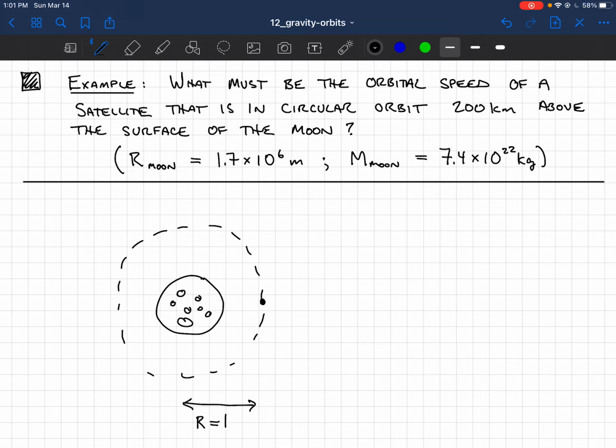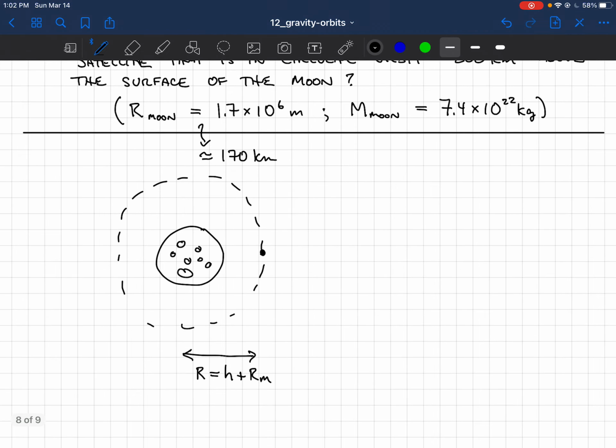It's going to be the height of its orbit plus the radius of the moon. So let's figure out what that is. Well, the radius of the moon is 1.7 times 10 to the 6 meters. So that's 1700 kilometers. And then we're told that the circular orbit is 200 kilometers up.